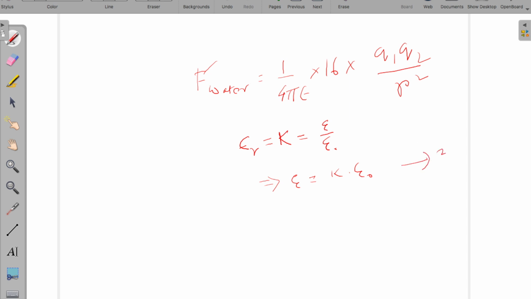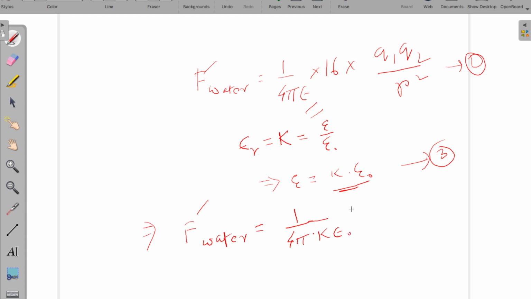If I call one equation 3 and the other 2, we can write epsilon dash for water is equal to... Now I replace epsilon with k epsilon naught: 1/4 pi k epsilon naught multiplied by 16 multiplied by q1 q2 by r square.